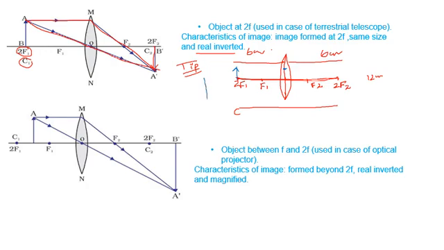Suppose this is my lens, and I have taken the height of this lens as 4 centimeter. What is the half of 4 centimeter? 2 centimeter. And what is the half of 2 centimeter? 1 centimeter.